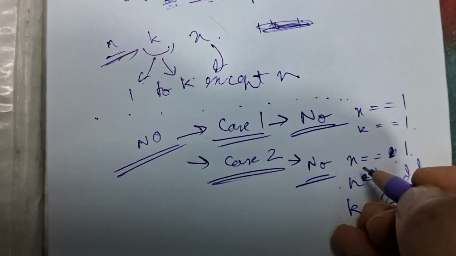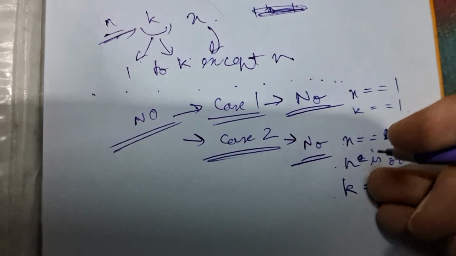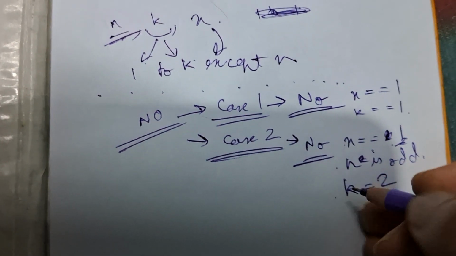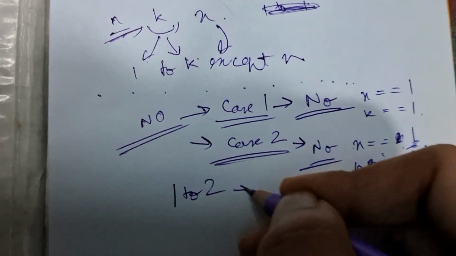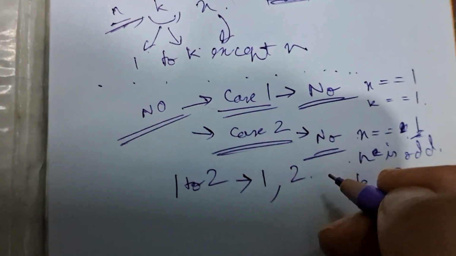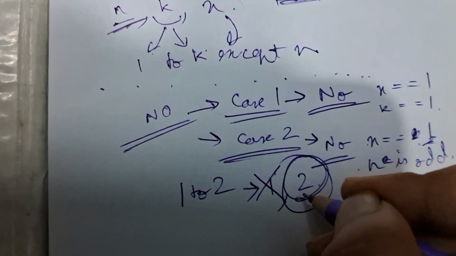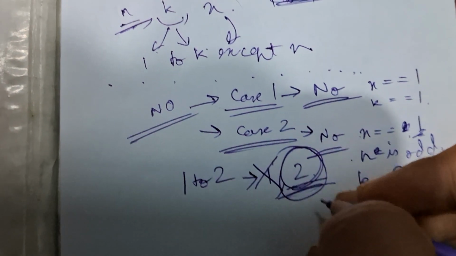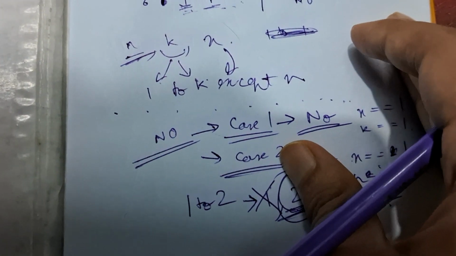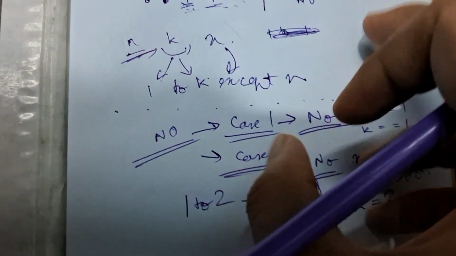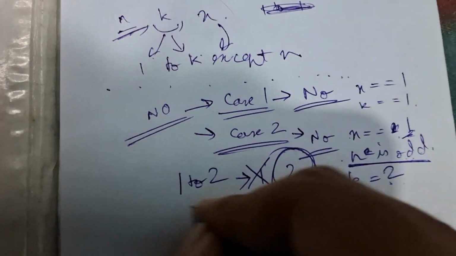That is, you can't use 1. All the numbers that you can use are from 1 to 2, that is 1 and 2, and you can't use 1 from them. So you're only left with 2. Remember one thing, no matter how many times you add 2, the answer will obviously be an even number, but over here it is given that n is an odd number. So this is a complete mishap.